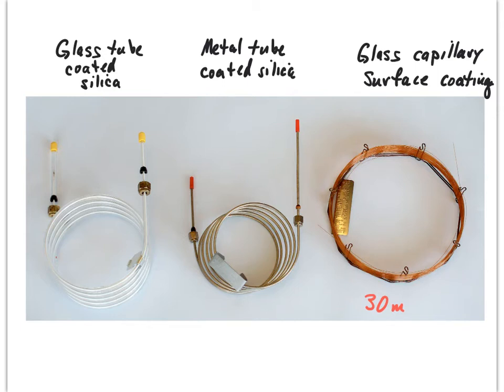And then the coating, instead of being on particles, the coating is on the inside surface of that capillary, right? It is a waxy coating that creates a non-polar surface that the analytes, the materials being separated, can partition into, right?